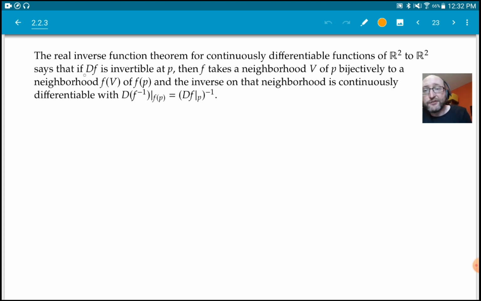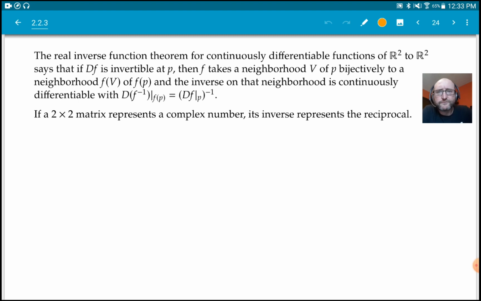And that says that if, and here we need continuously differentiable, that's necessary for the inverse function theorem, if you have the derivative is invertible at some point, then f actually takes a little neighborhood of that point bijectively to another neighborhood, and the inverse is continuously differentiable, and the derivative of the inverse is the inverse of the derivative, right? So that's what the real inverse function theorem from vector calculus says, right? Applies to R2, well, it applies to any Rn, really.